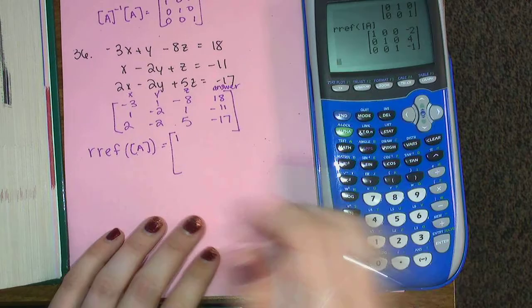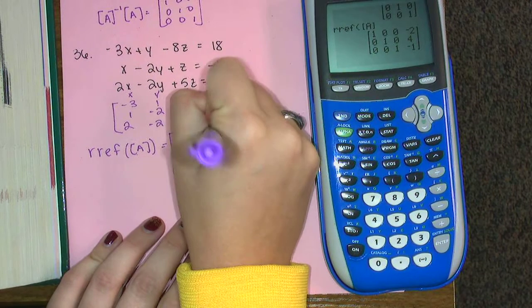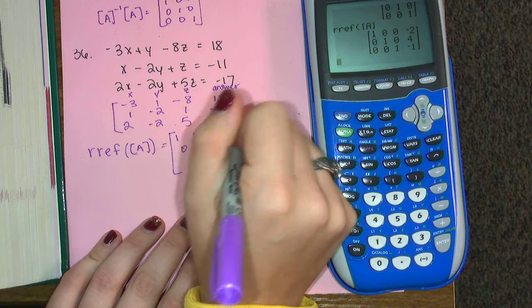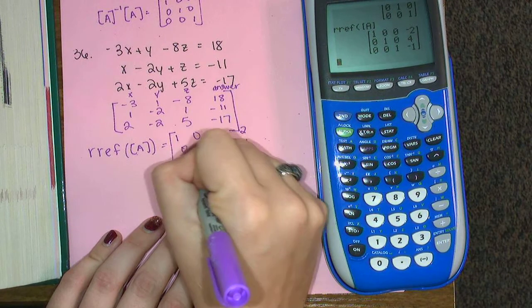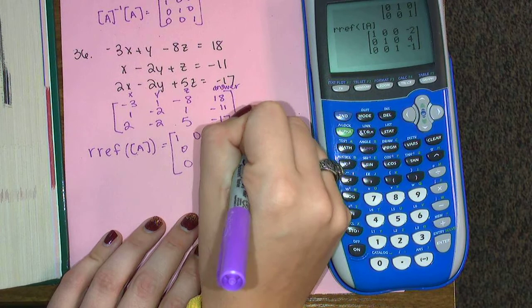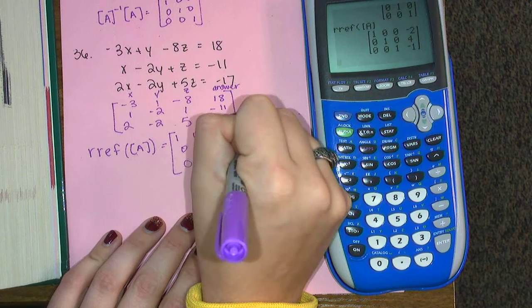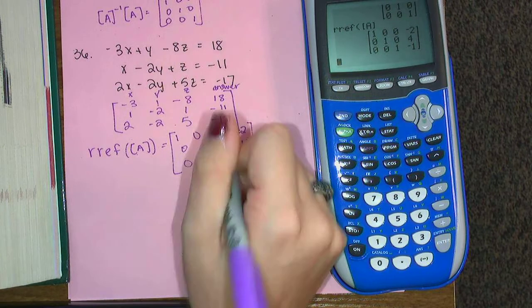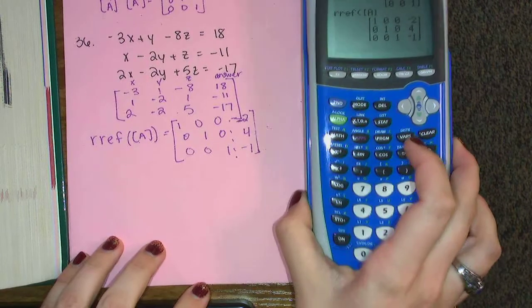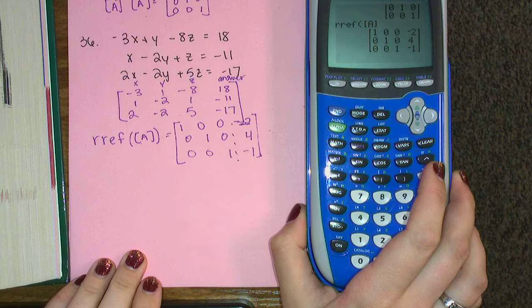This is how I expect it to be written on the test. Hold on, I'm going to explain it in a minute. Yeah, it's a -2.